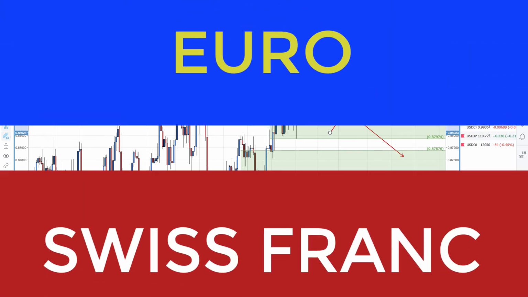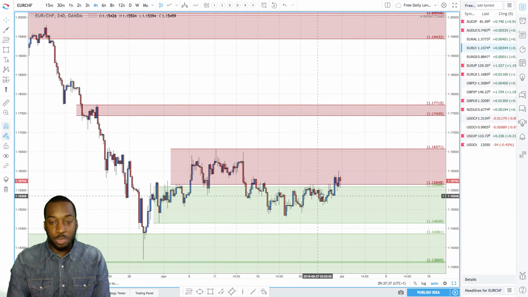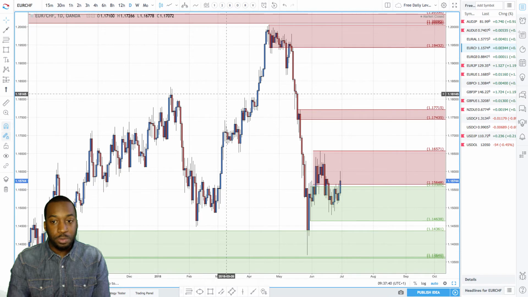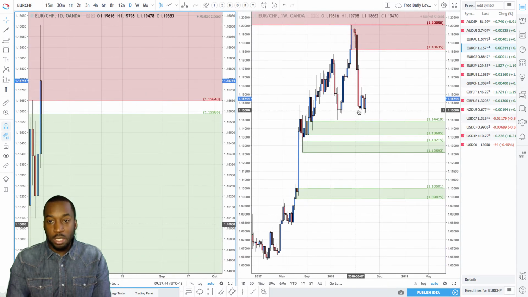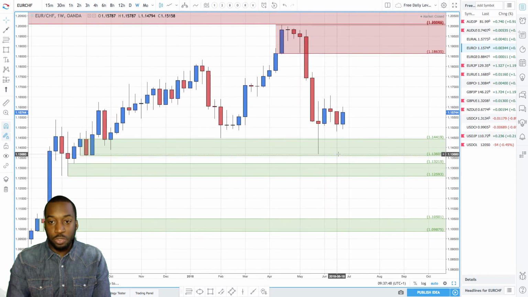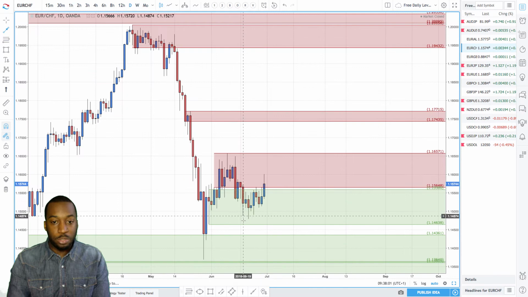Now going on to the Euro Swiss. This has pretty much just been in this range on the daily time frame chart. On the weekly, for the past few weeks it's not really moved anywhere. But if we do get prices move down to this area here, look to be a buyer, and that corresponds on the daily time frame chart.